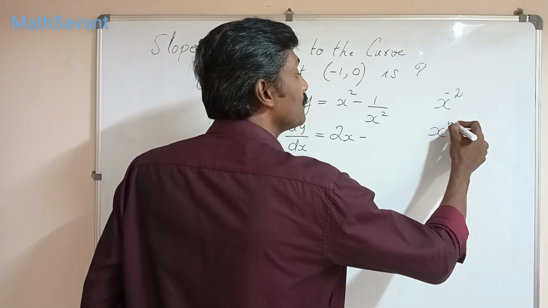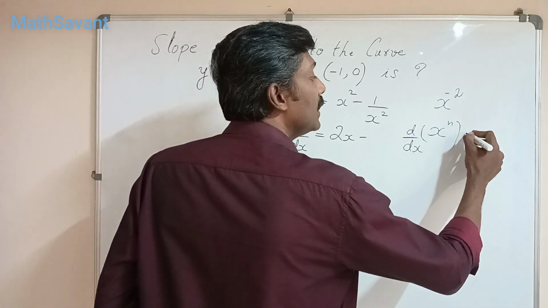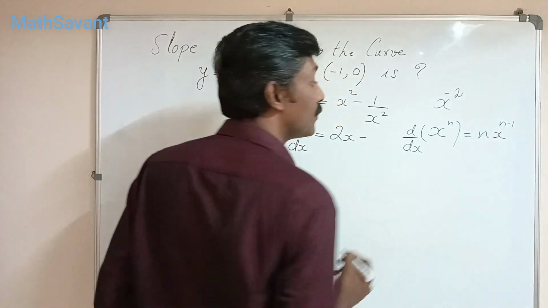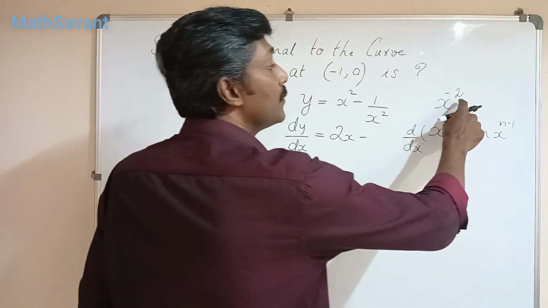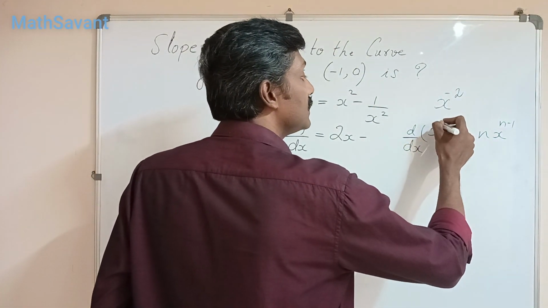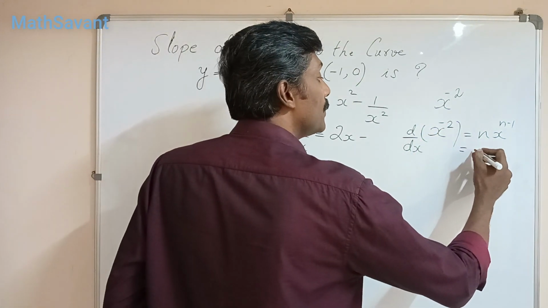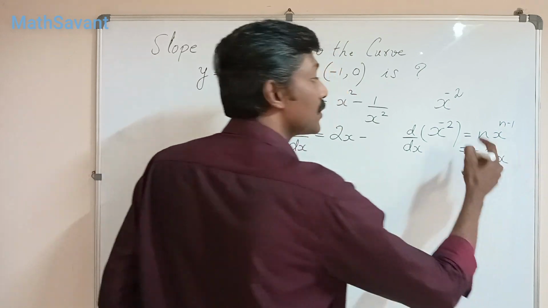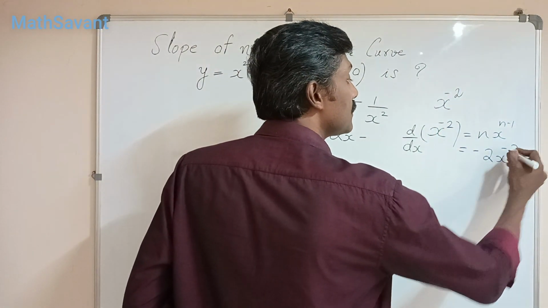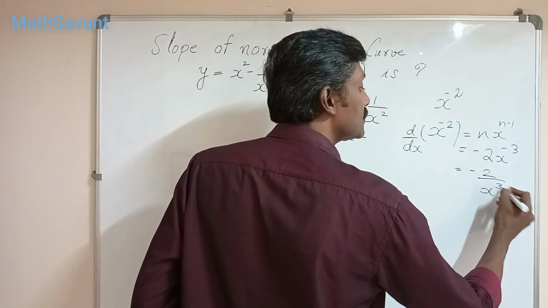X raised to n, the derivative is nothing but n into x to the power n minus 1. So here my n is minus 2. So if I write d by dx of x raised to minus 2, then what I get is minus 2 into x to the power minus 2 minus 1, which is nothing but minus 3, right? So this becomes minus 2 divided by x to the power 3, right?